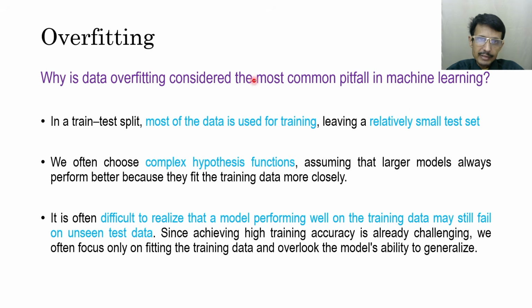Now, a very interesting question here. Why is overfitting considered the most common pitfall? Why do we commonly make mistakes so that our model becomes overfitted? One reason may be human tendency. For example, with the train and test data split, we generally use most of the data for training.